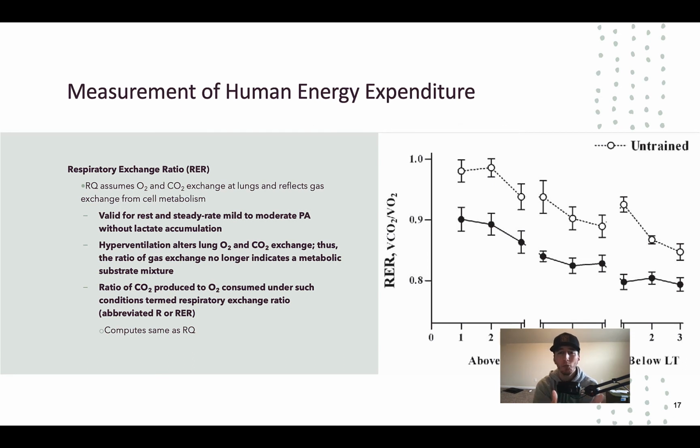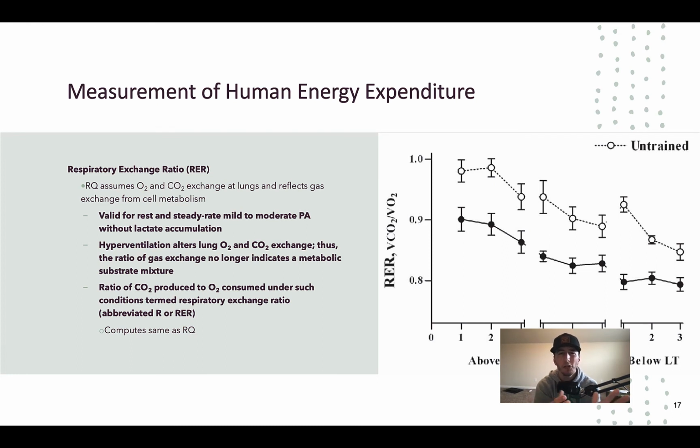As we change exercise intensity, we're going to change how much carbohydrate and fat we're fueling with, right? So as we increase intensity, we're going to increase the amount of carbohydrate that we're burning. If we're increasing the amount of carbohydrate that we're burning, we're going to be increasing our RER, such that when our body is at a very high intensity of exercise and we're burning 100% carbohydrate, our RER is actually going to be 1, right?